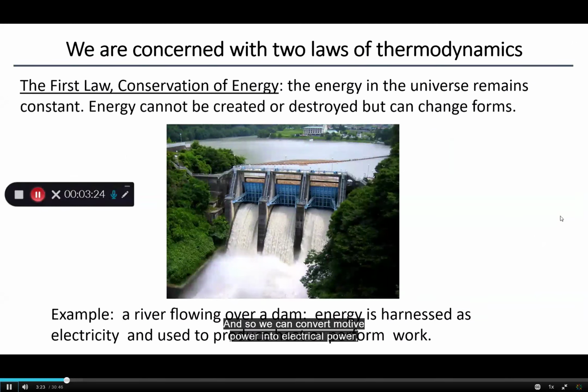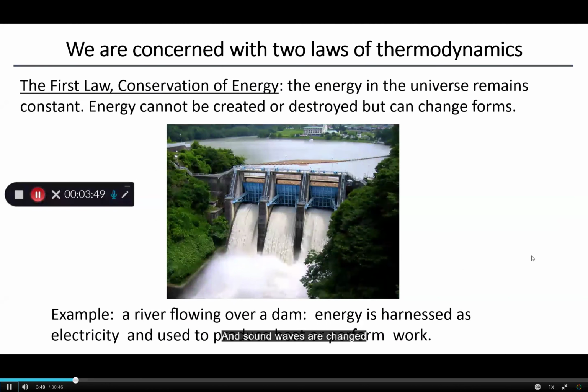And so we can convert motive power into electrical power, as is the case with water flowing over a dam. We can convert solar energy to cellular energy, as is the case for plants that do photosynthesis. We can convert cellular energy into some type of mechanical energy, as is the case with using ATP to drive some type of enzymatic reaction that allows you to move your body.